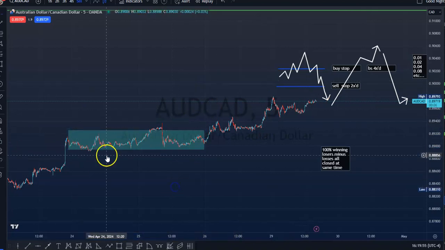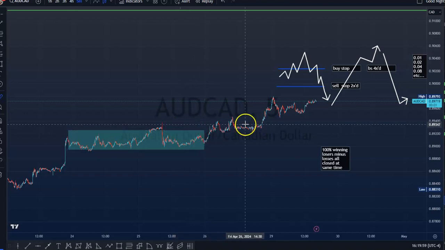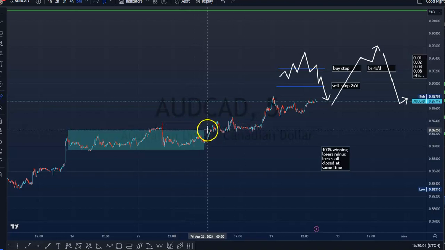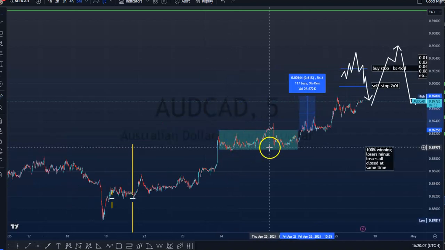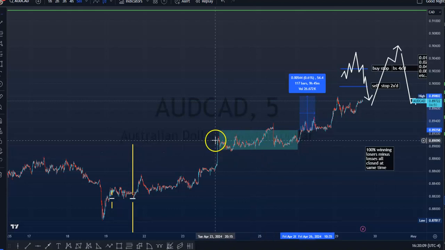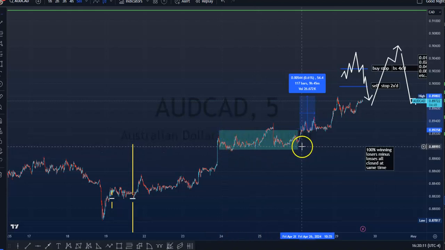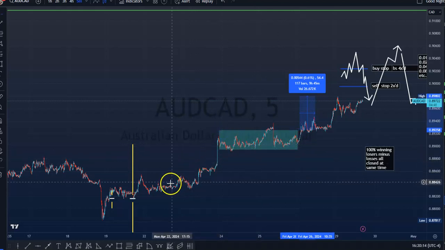So, okay, this is a 30-pip range, and then it's going to go. Did this one even do it yet? I think so. Did it hit it? No, it didn't. That's why I don't do CAD. It's about to. Oh, it's down here.